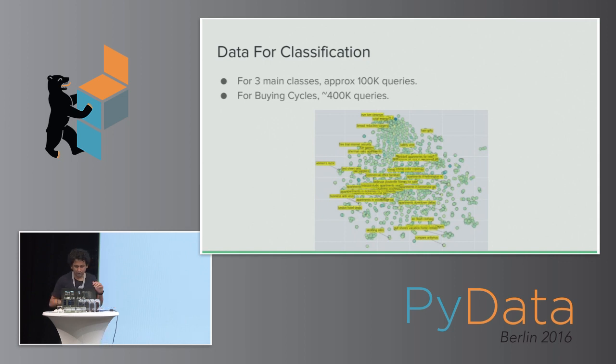So if you look at this graph, if it's visible to you guys, you can see the queries related to apartments form a cluster. These are word-to-vec embeddings, again. For buying cycles, since there were 4 classes, we took 100,000 queries for each class.